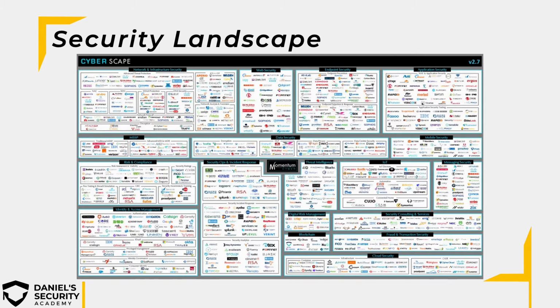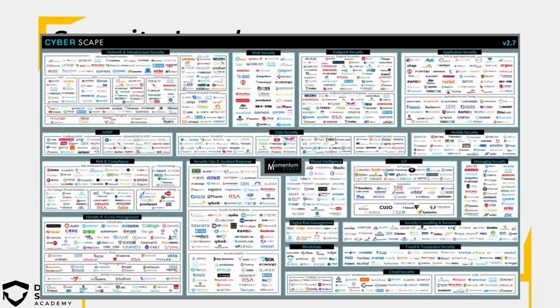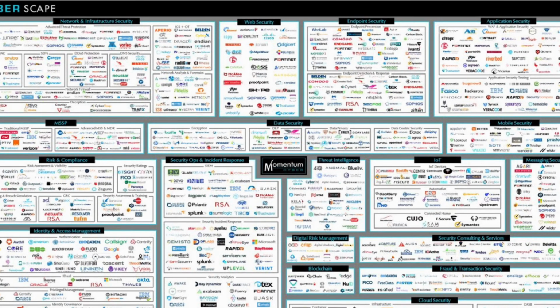So by today, there will be more logos and the separation will be different probably. But just look at that amount of vendors. How should you pick one vendor, or even pick your path to security, from this huge amount of offerings?